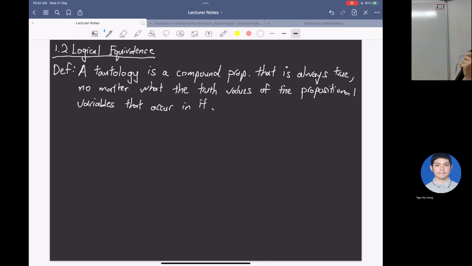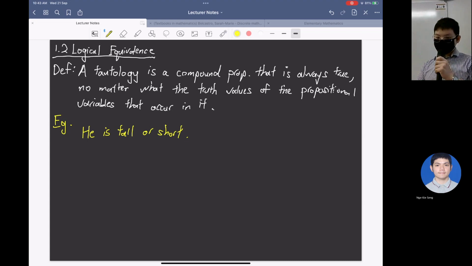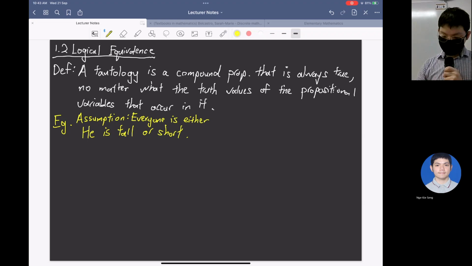I think just now we encountered a tautology, if you still remember, when we said something about tall and short. Of course, we said the assumption is everyone is either tall or short.